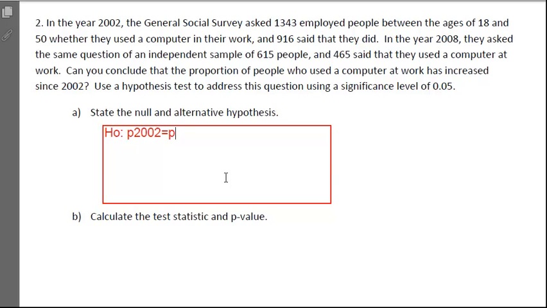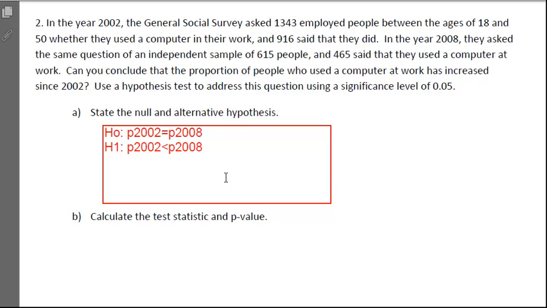But the null hypothesis is that the two proportions are equal. And then the alternative is that the proportion has increased in 2008. And so we would put 2002 would be less than 2008.